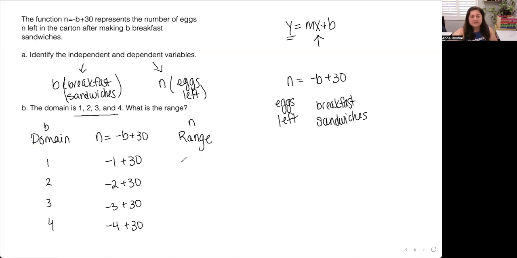So after one sandwich, I have 29 eggs, then 28 eggs, 27 eggs, and 26 eggs. One of the things you can do is highlight, or I don't know if you're allowed a highlighter on tests, but somehow make it visible that that's your range and that your range looks at these values for the domain.